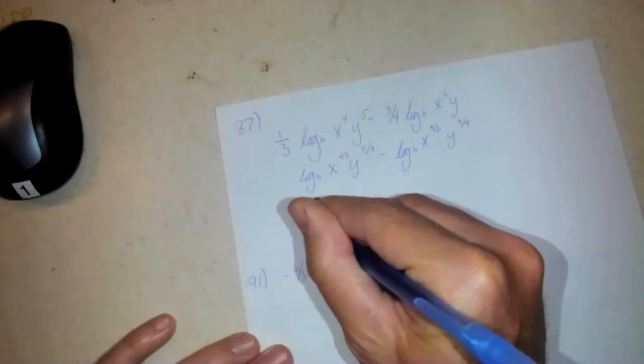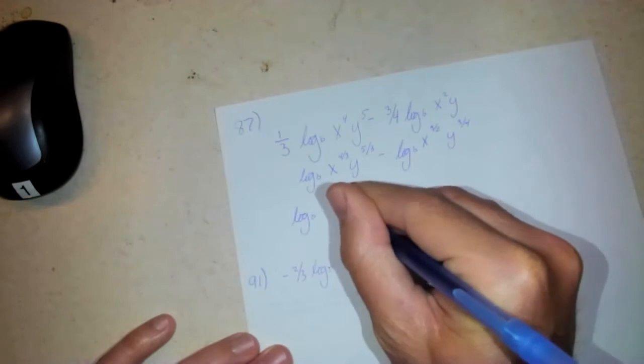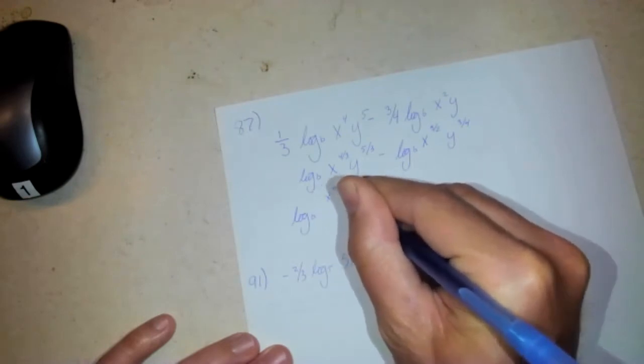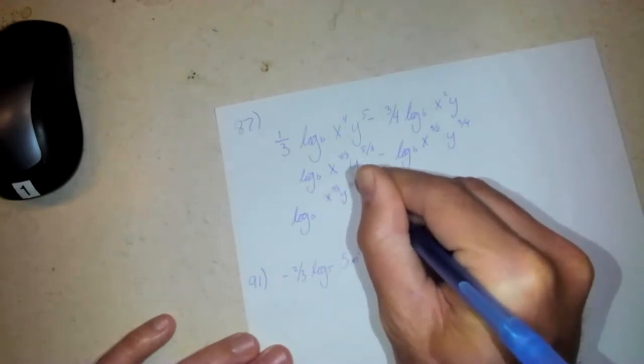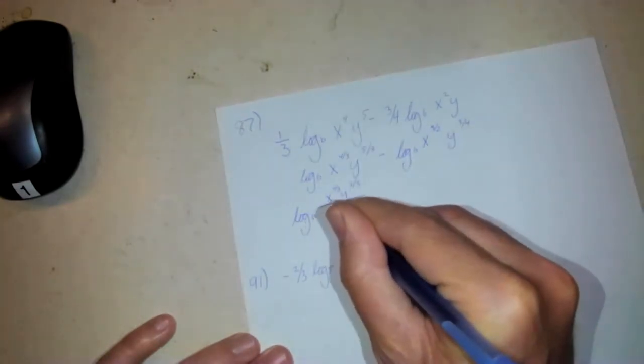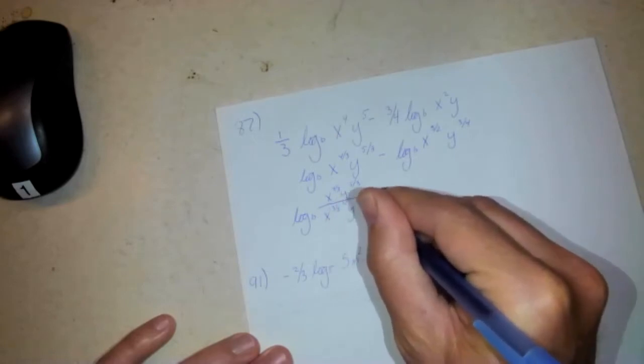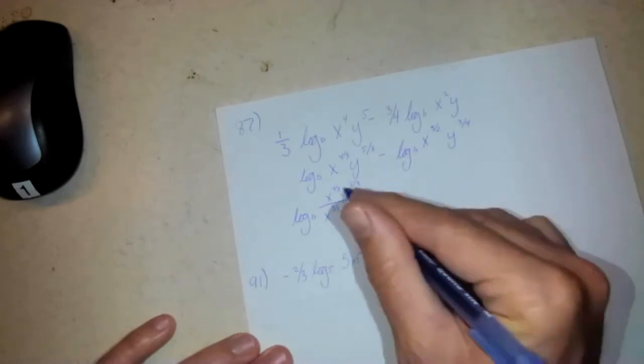So as a single logarithm, I have the log base b of x to the 4/3, y to the 5/3, over x to the 3/2, y to the 3/4.